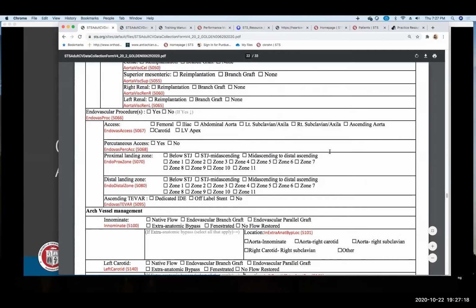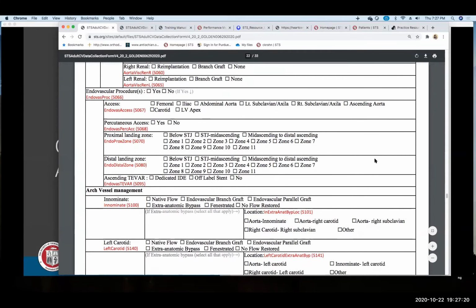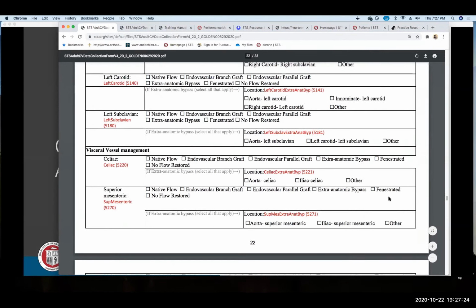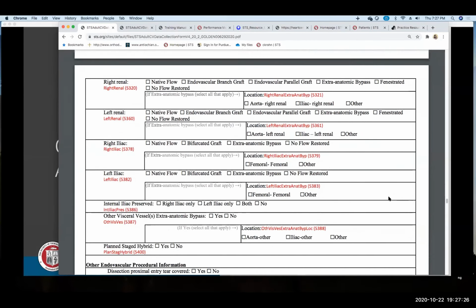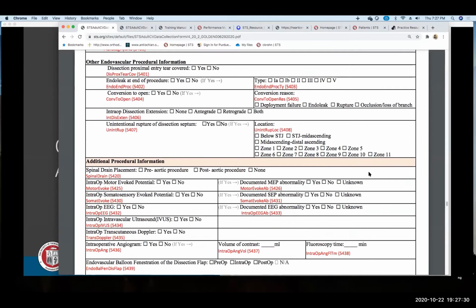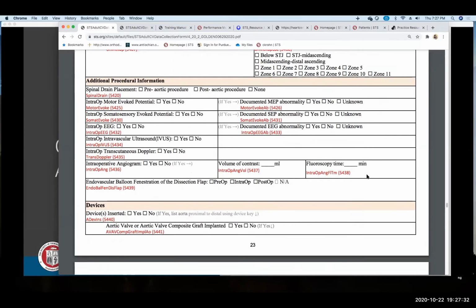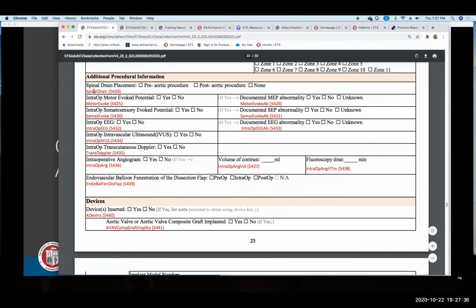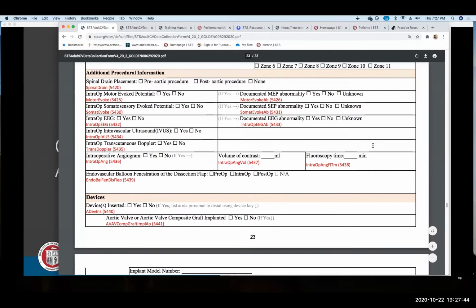Just very basic information about landing zones and arch vessel management, visceral vessel management, and then any other type of endovascular procedural information that's available. And then this is additional procedural information about spinal drain placement, intra-op EEGs or IVUS, things like that are captured here.